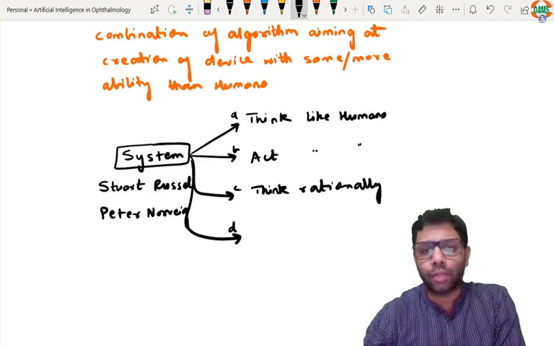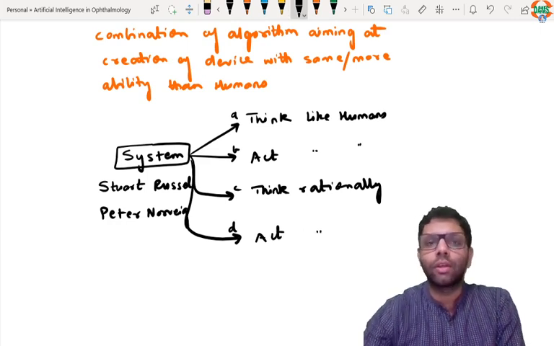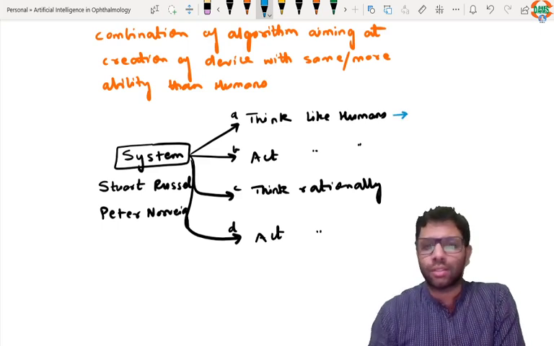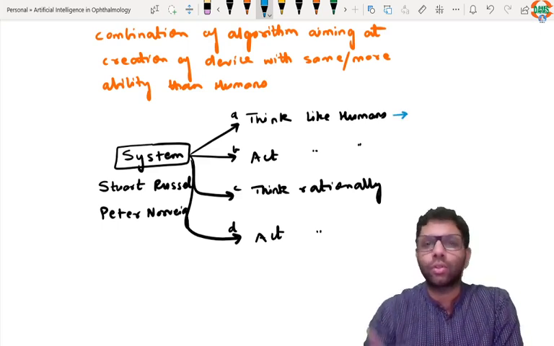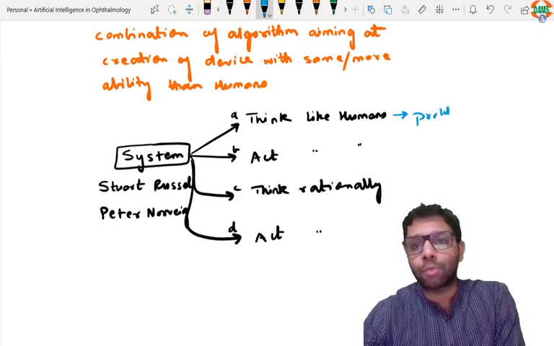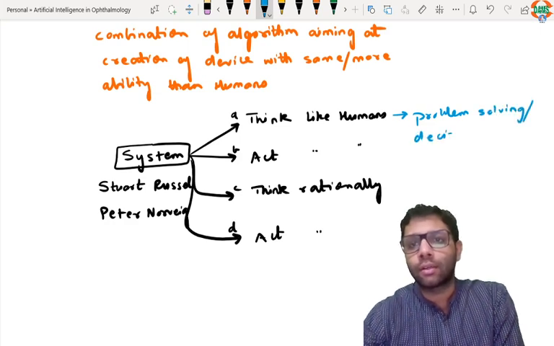And the fourth one, which can act rationally. I'll give examples of these. The first example, think like humans, in the long note you can write down, is like decision making or problem solving. Any problem given to any system, it is solving, like thinking or making decisions like human beings.